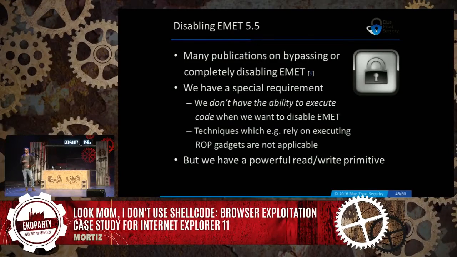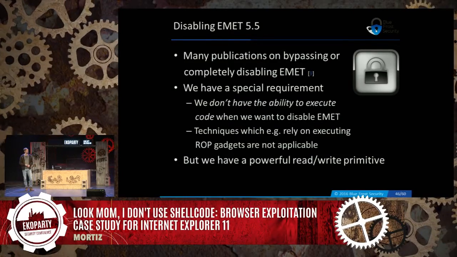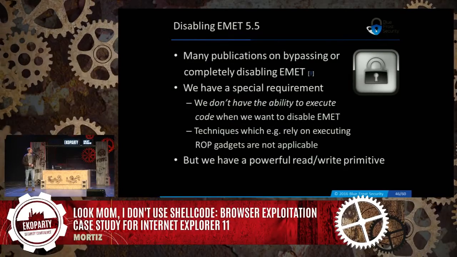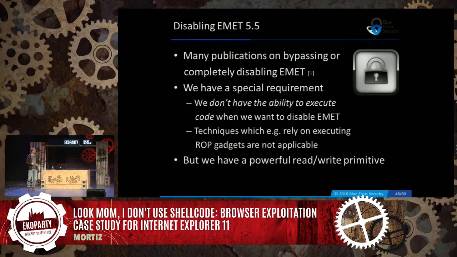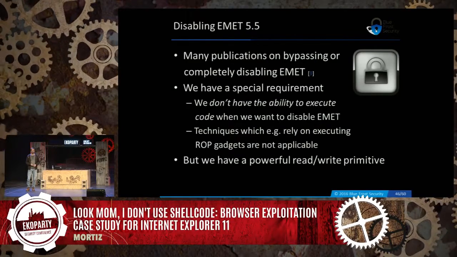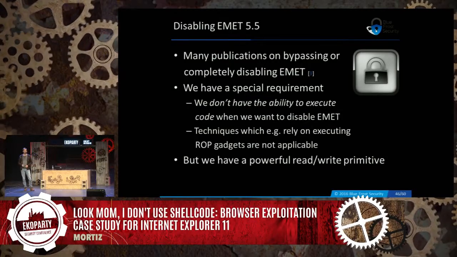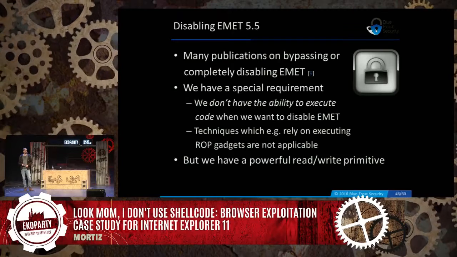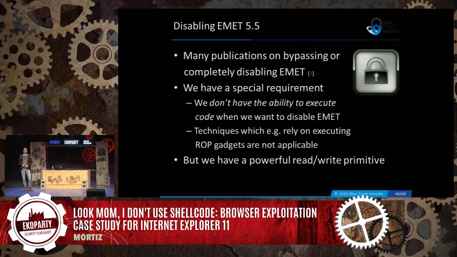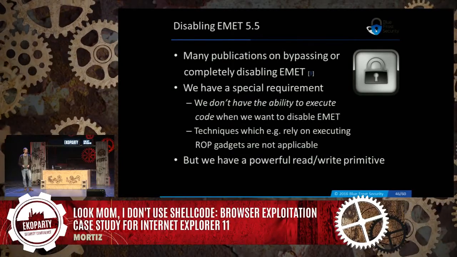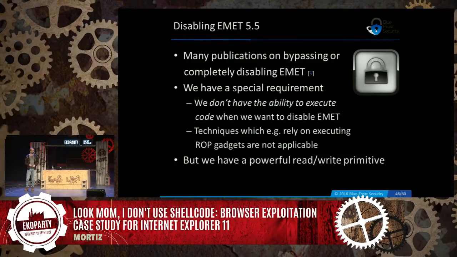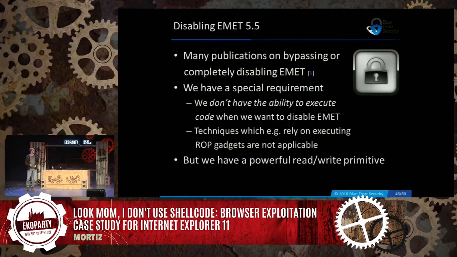So again, I was reading up on old techniques, and there's actually a nice blog post by FireEye where they presented their latest way of how they disabled EMET. And they have a pretty good list of all the prior work and prior publications on how people deactivated EMET.